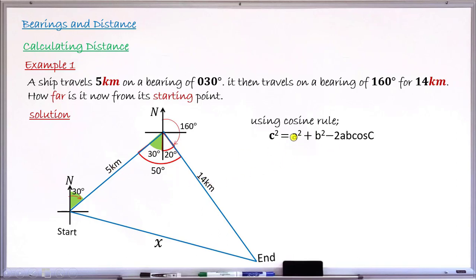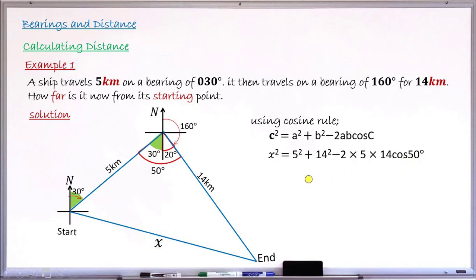Substituted in the cosine rule, I'm now going to have X squared, that is this X that I wanted to find, equals 5 squared for A plus 14 squared for B, then minus 2 times 5 times 14, then multiplied by cos of angle at C. Angle at C is this angle, 50 degrees, which is opposite to the side that I wanted to find. So this is cos 50.